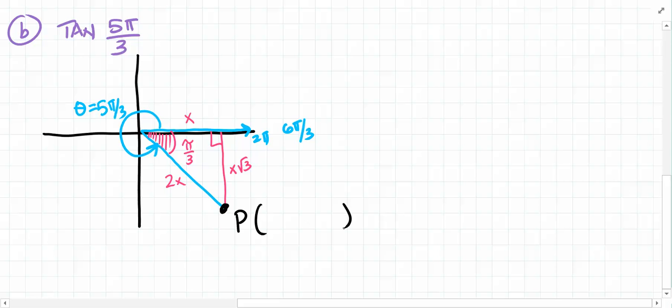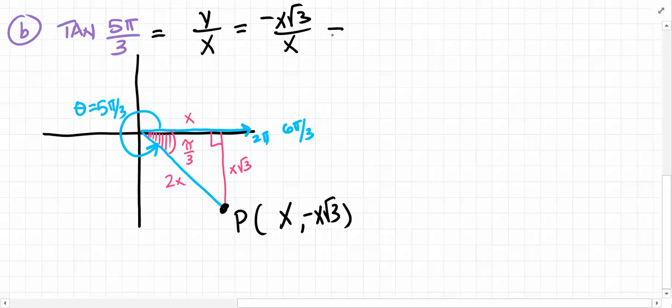How could I navigate to that location in the coordinate plane? I would go over x, and I would go down what? Negative x root 3. Which one am I interested in? I'm interested in the tangent. The tangent is defined as the y value divided by the x value. The y value is negative x root 3. The x value is just x. Simplifying that, I get negative square root of 3.